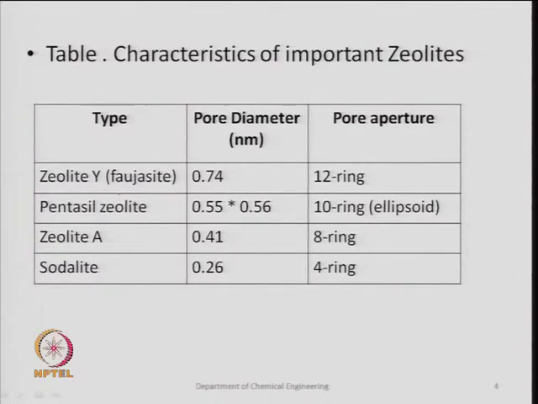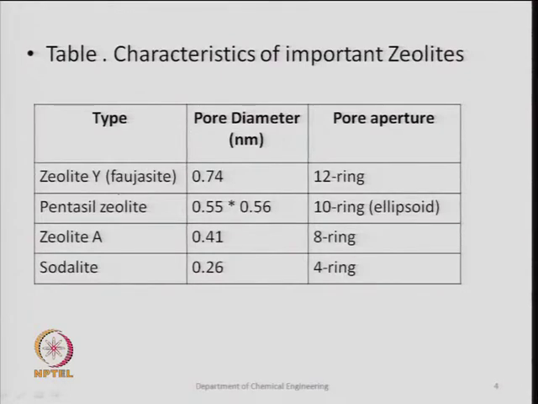The more rings, the larger the cage opening, with TOT atoms as I am describing. The pentasil zeolite ZSM-5 category has an opening of roughly 0.55 by 0.56, with horizontal and vertical structure and 10 ring ellipsoid type.